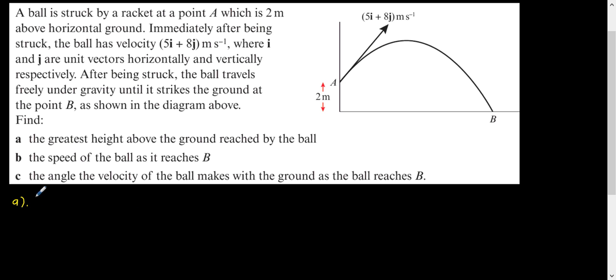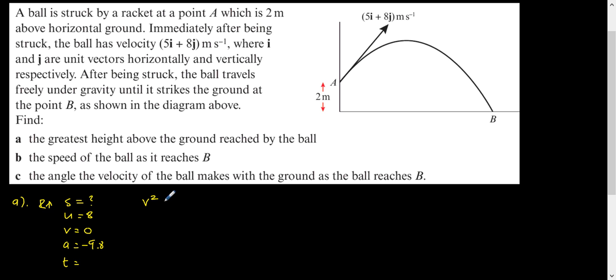So find the greatest height above ground reached by the ball. This isn't the first time we've done this. So SUVAT, we want to find the displacement. Our initial velocity in the vertical direction is given by the j component of this vector, so it's 8. The final velocity is 0. Again, whenever we're trying to find the greatest height, the final velocity has to be 0 because it stops instantaneously before it starts to move back down again. a is minus 9.8.